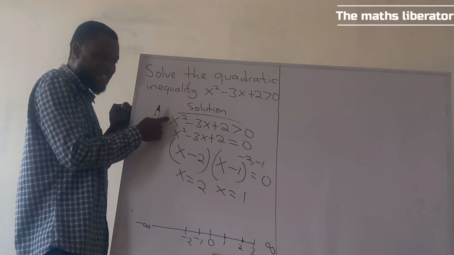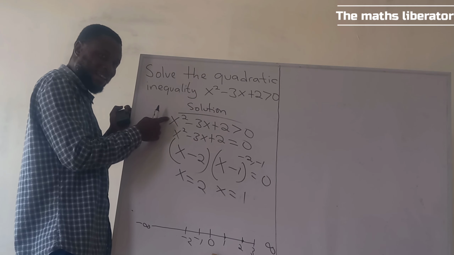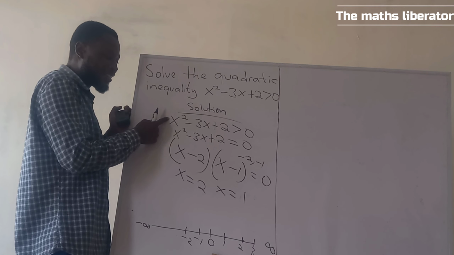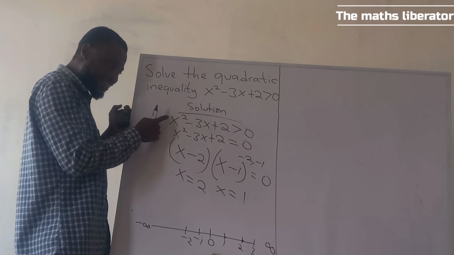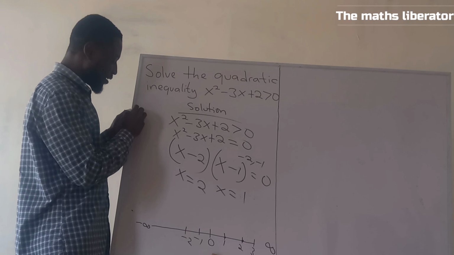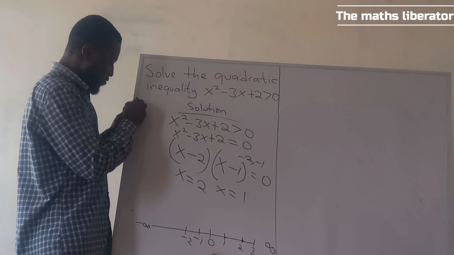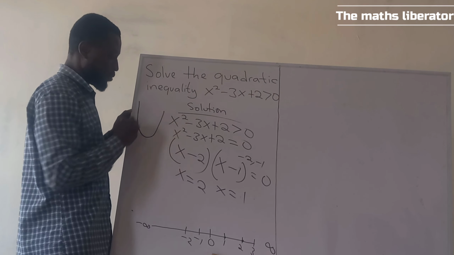So the hidden one here is positive. When it is positive, we have a way the graph will look, and when it is negative, we have another way. So when it is positive, your graph will look like this: moving down, then open up.